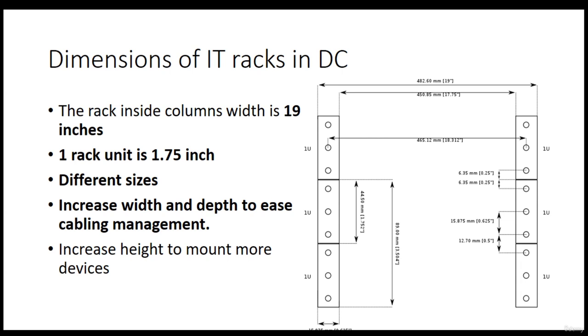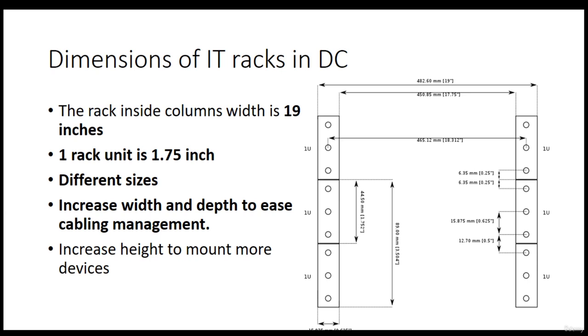There are various dimensions of racks, like 60 multiplier 100 multiplier 42 rack units. 60 is the width, 100 is the depth, 42 rack units is the height. Also, there is a dimension like 60 multiplier 120 multiplier 42 rack unit.